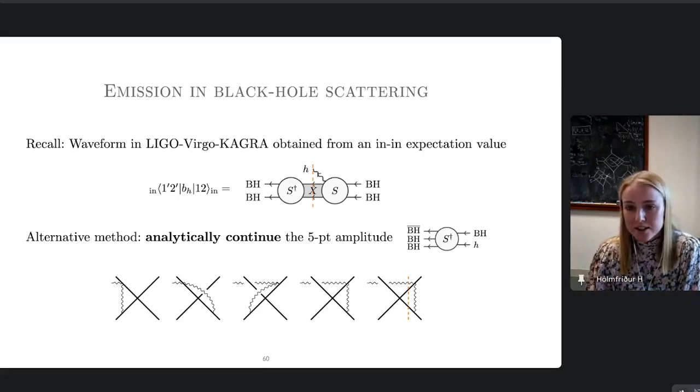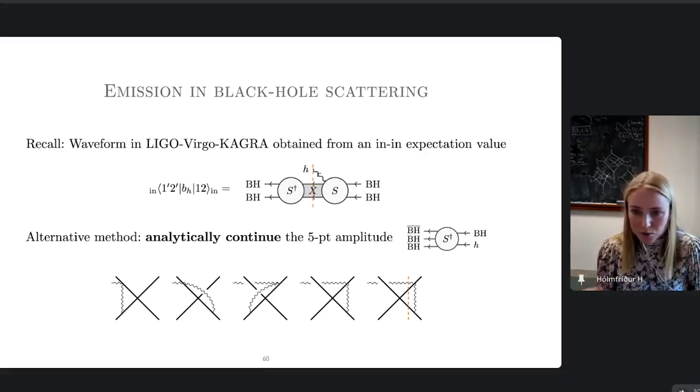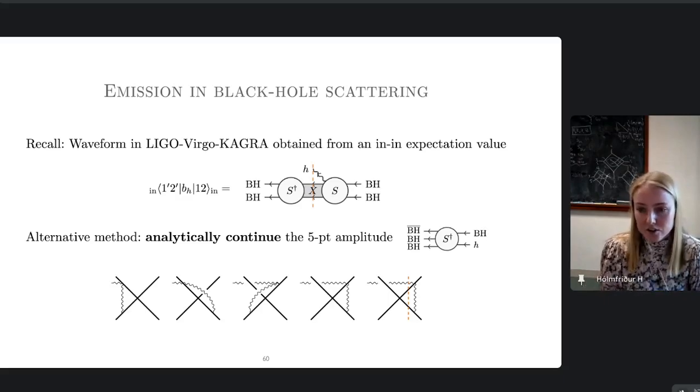And this might be reminiscent of the example from the beginning where we had an Earth anti-Earth to apple anti-apple, because the object that captures the expectation value of this gravitational wave is basically a hard graviton scattering against a black hole, a very, very energetic graviton scattering against a black hole to produce black hole, anti-black hole.